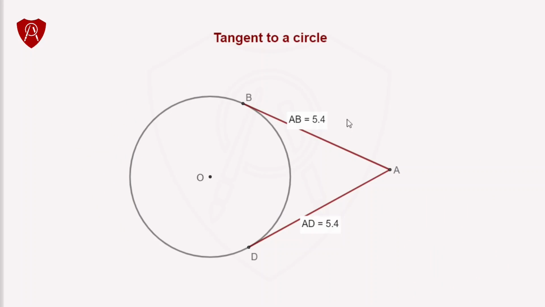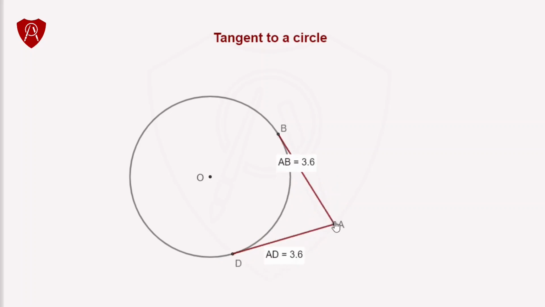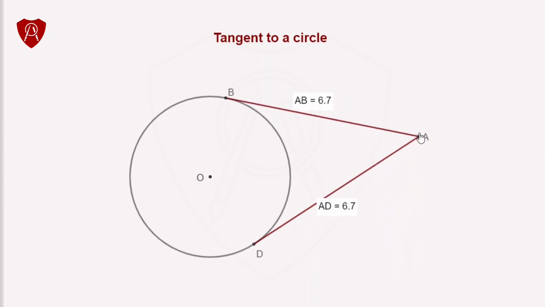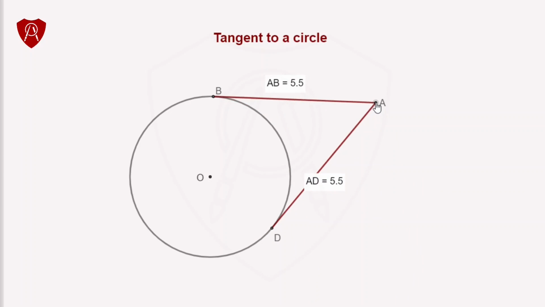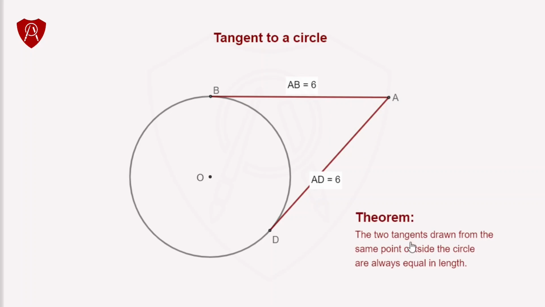If we now measure the distance from A to the points of contact of both tangents, what do we notice about the distances AB and AD? Quite clearly, AB is equal to AD. The lengths of tangents from the same point will always be equal. Theorem: the two tangents drawn from the same point outside the circle are always equal in length.